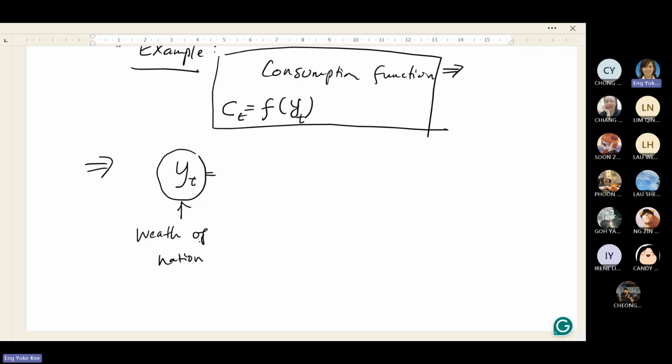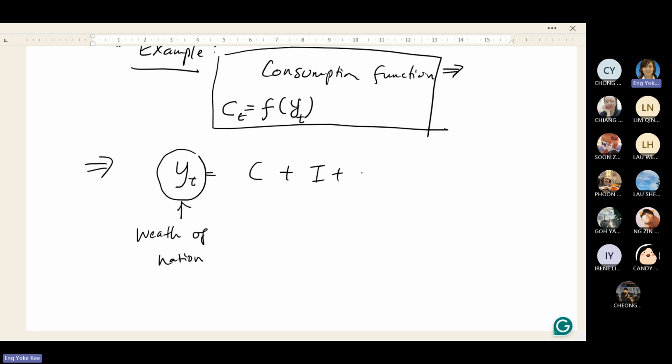So why are some countries very rich, and why are some countries poor? Let's say for example you're interested to find this out.